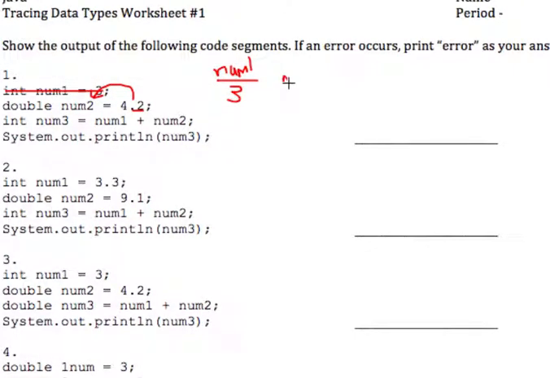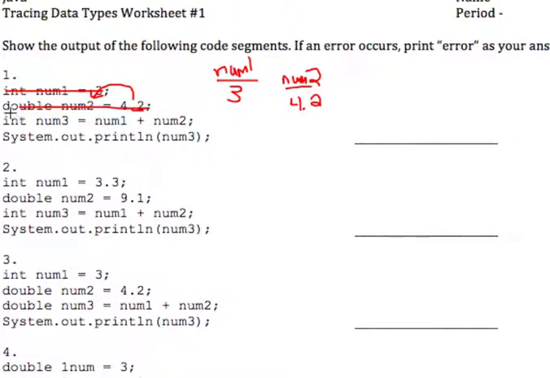Just saying. So num2, I'm just going to keep track of it right here on my area of scratch paper, just like on the AP exam, you should keep track of stuff somewhere in the margin of the paper. So I'm putting a 4.2 in there. I'm not keeping track of it in my head, like I said. Okay, so been there, done that. That line of code is executed.